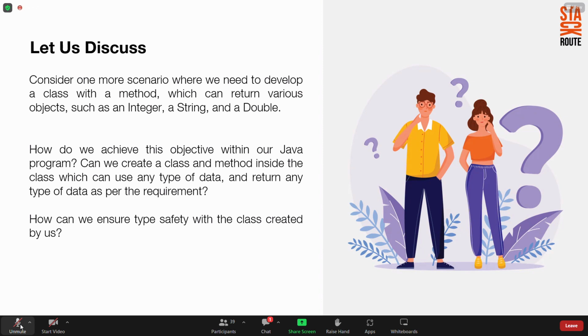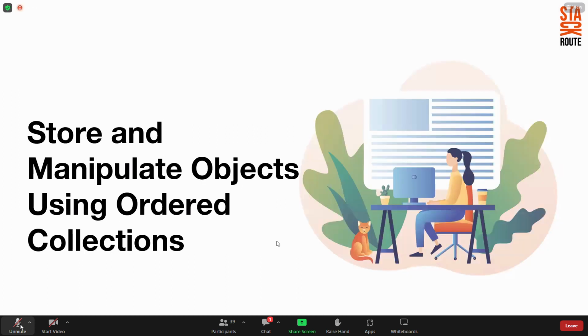So how will I ensure type safety within the class I created? I know this is a complicated point. I will come to this point after some time, on slide number 9.